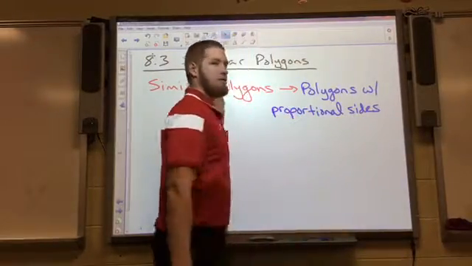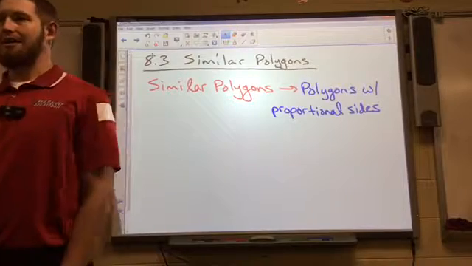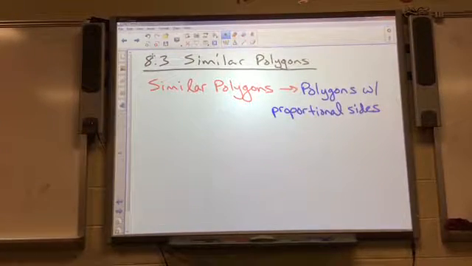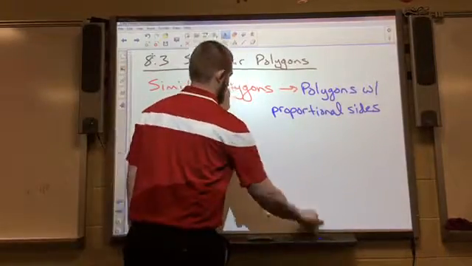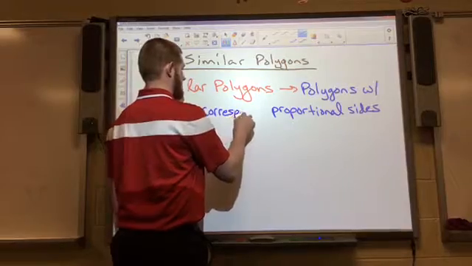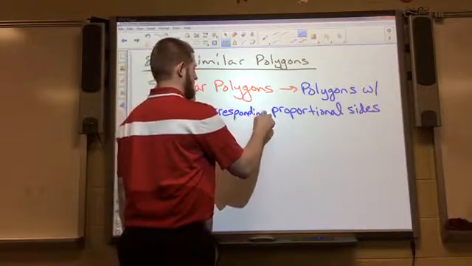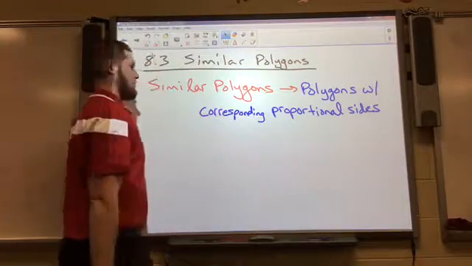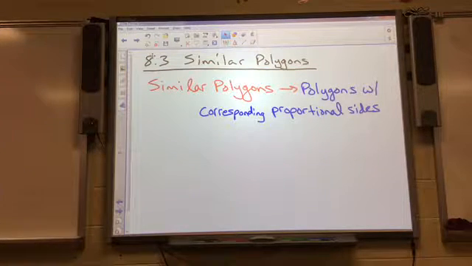Okay, not only are the sides proportional, but each side, it's not just 2 sides, it's all sides. So each side has to have the exact same ratio when you're talking about corresponding polygons with corresponding proportional sides.